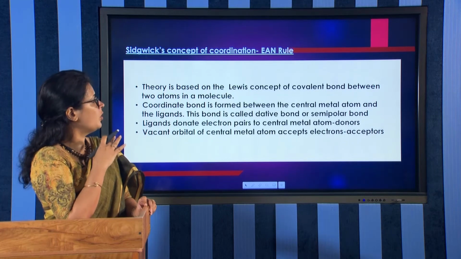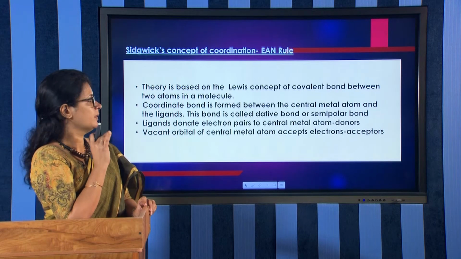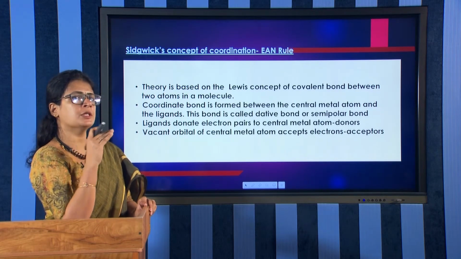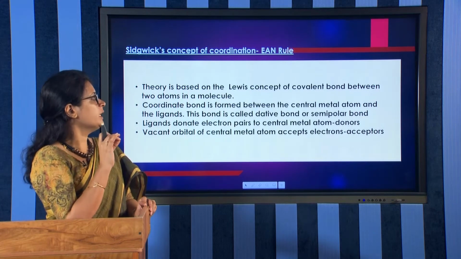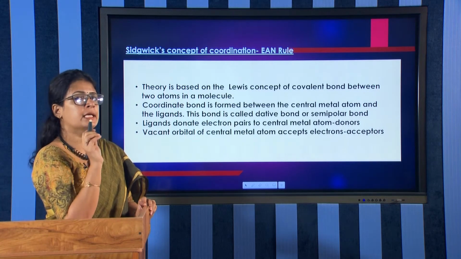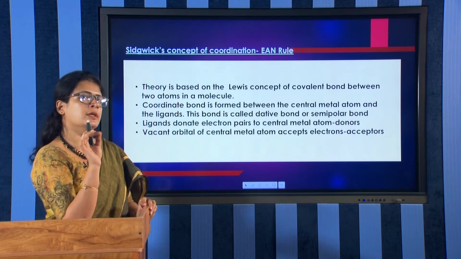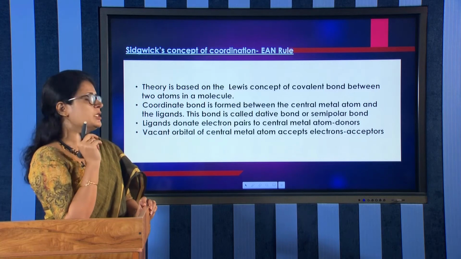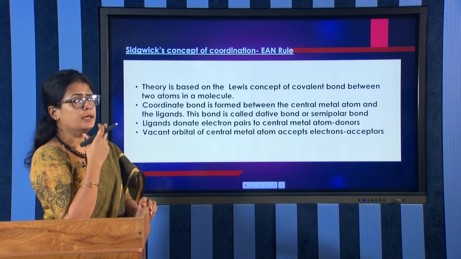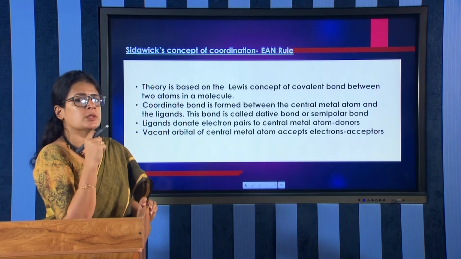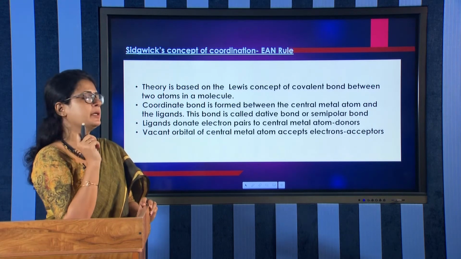Here the coordinate bond is formed between the central metal atom and the ligands. This coordinate bond is also called a dative bond or semi-polar bond. Here the ligands donate electrons to the central metal atom.